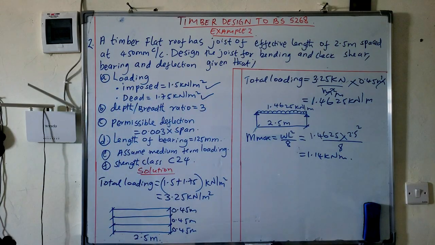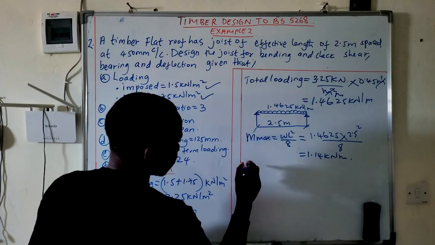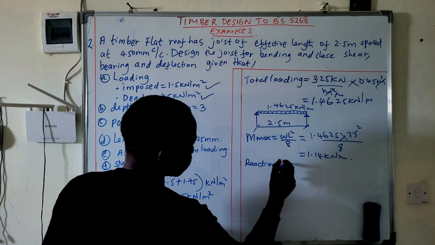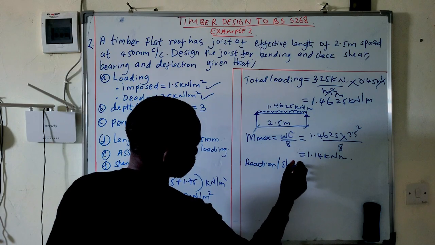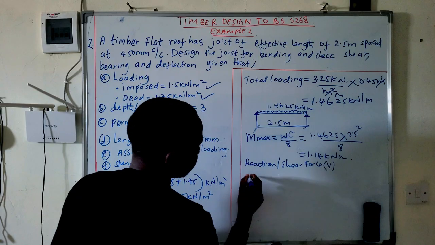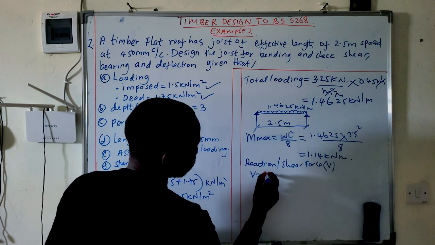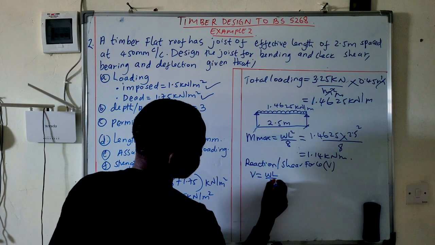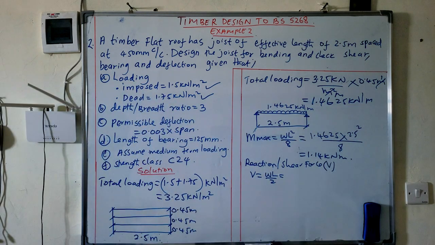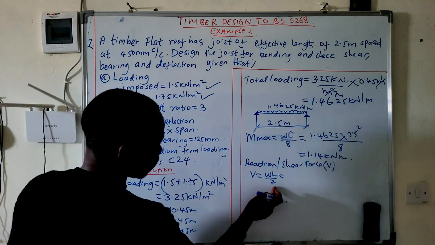After that, we will also determine the reaction or shear force, which is V. So V is equal to WL over 2. Because this is a UDL, you change it first to a point load and then you divide by 2.